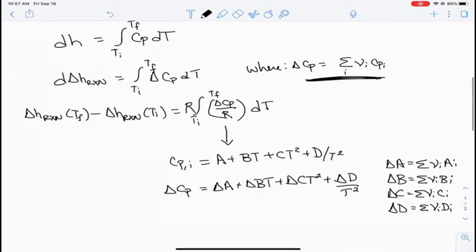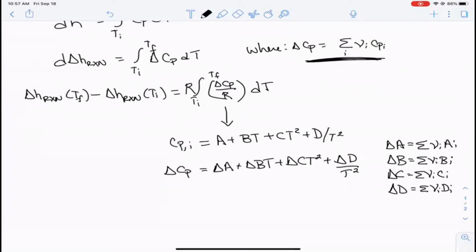And so one of the things then that we could do is that if we just insert that expression into here, and that's delta Cp over R, sorry about that, because the back of your book defines delta Cp over R as equal to A plus BT. So we have delta Cp over R equals that polynomial.